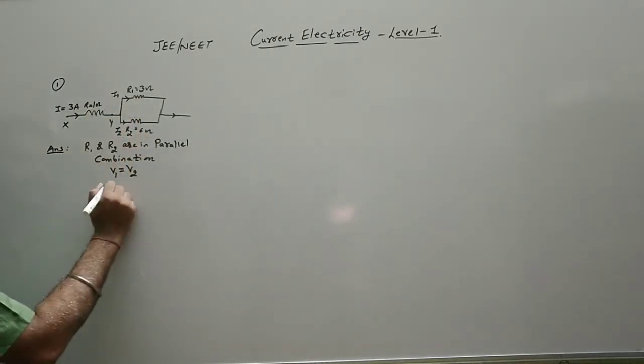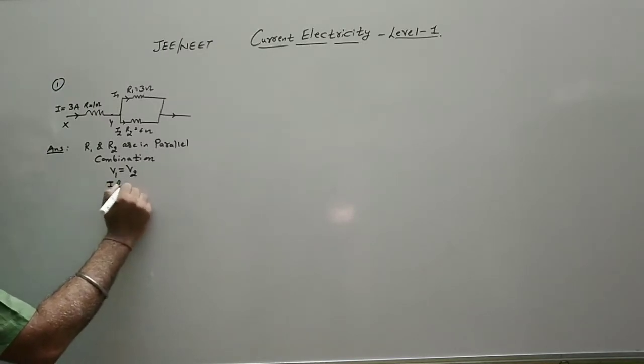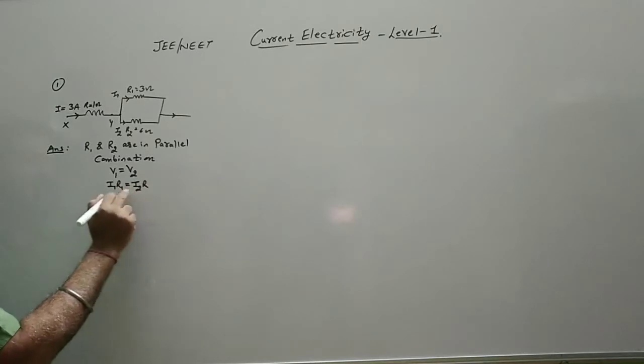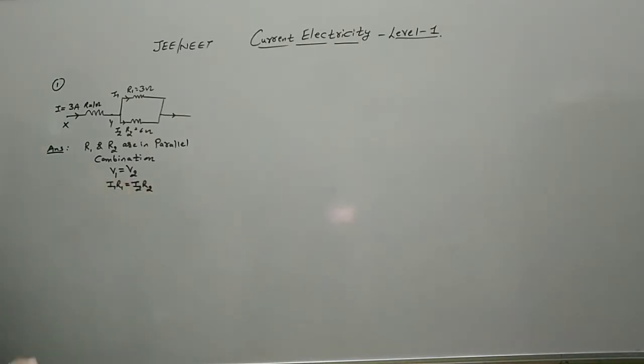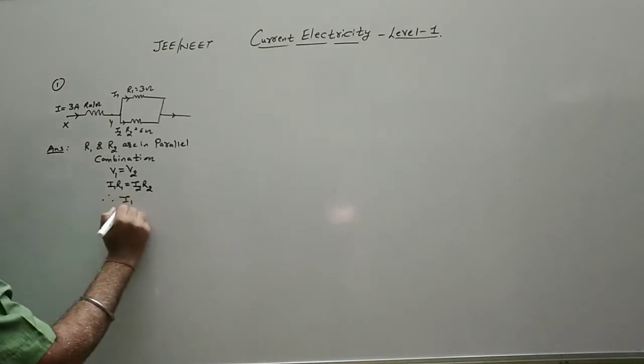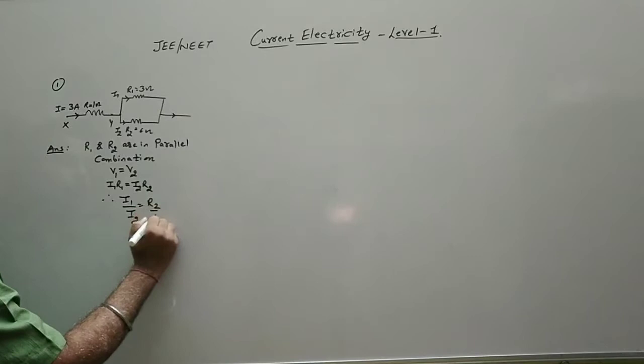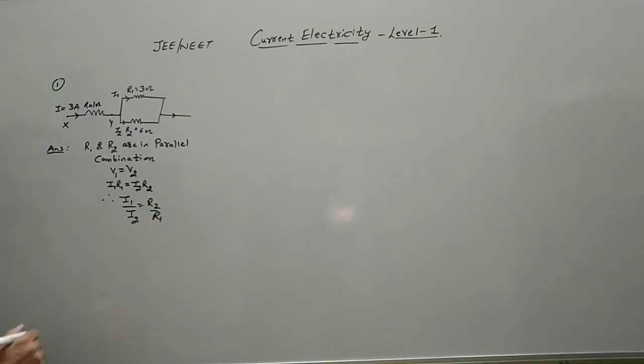Now this can be written as the product of the current and the resistance, that is I1 R1 equals I2 R2, that is Ohm's law. Therefore, I1 upon I2 is equal to R2 upon R1.